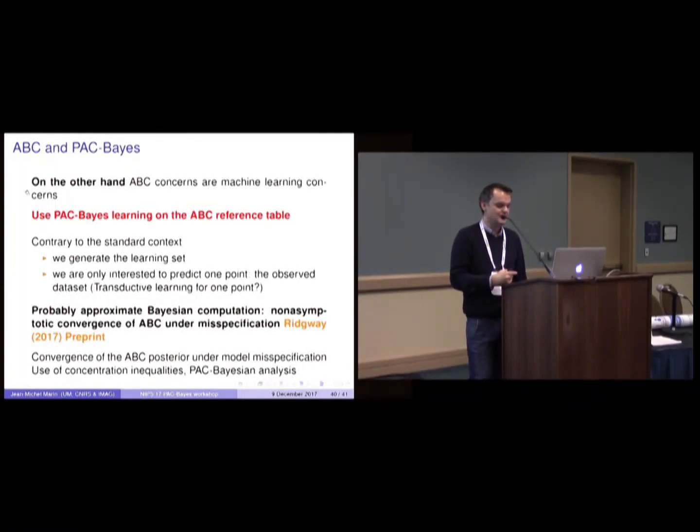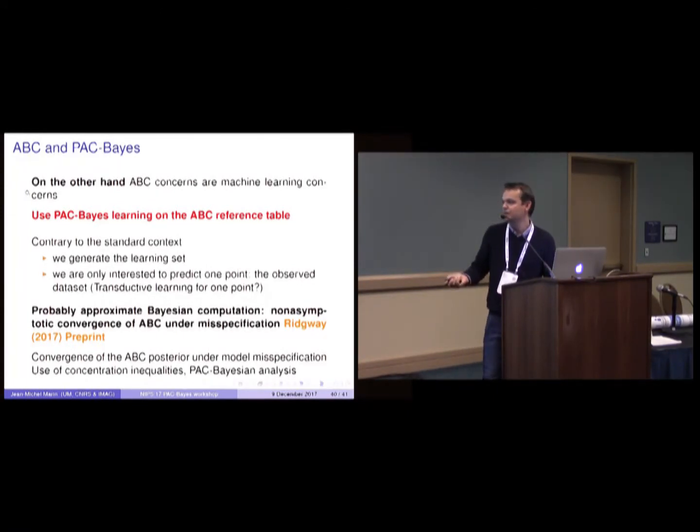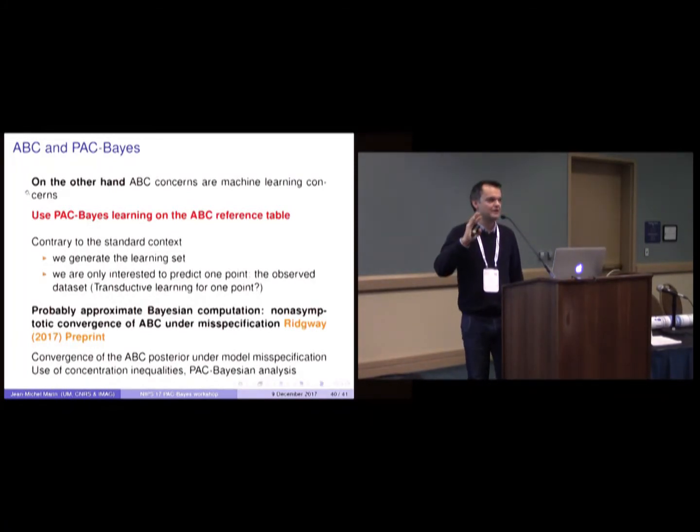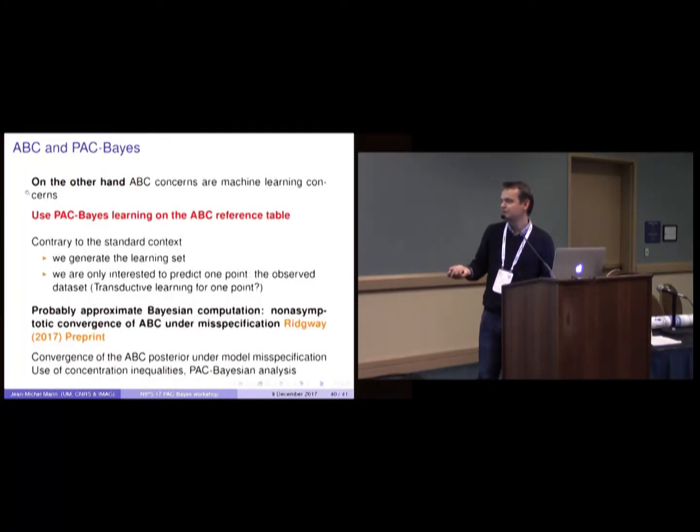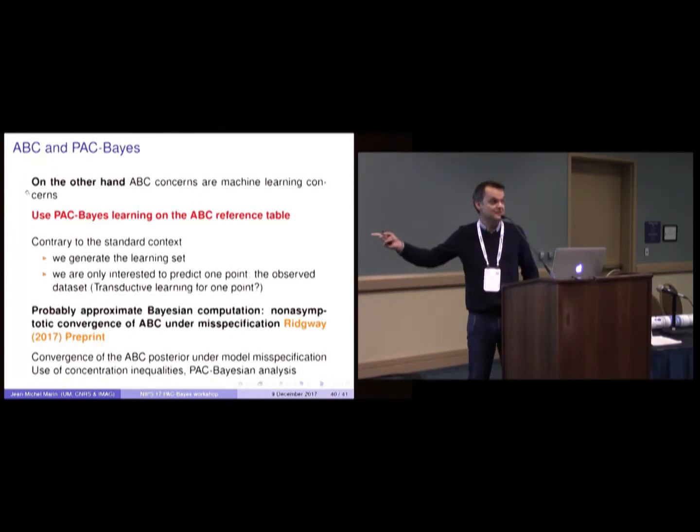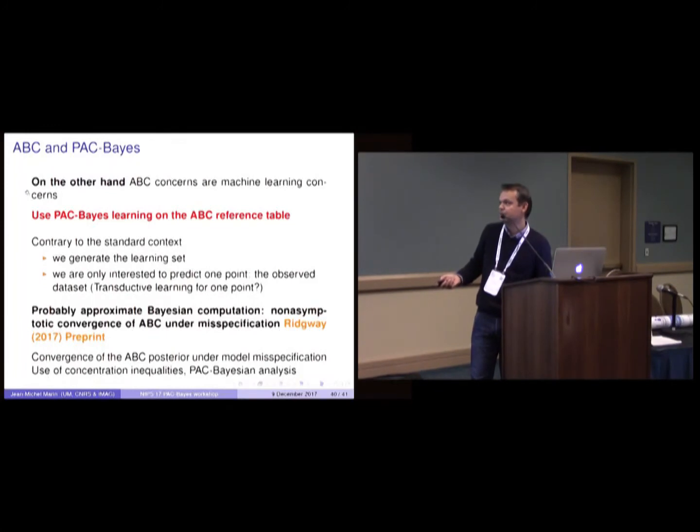He used PAC-Bayesian analysis, and he gets really interesting and clever results on what ABC does under misspecification, connected to what I said to Peter here, on whether ABC can be good under misspecification using, in fact, PAC-Bayesian analysis. So I think this is the most interesting connection here.